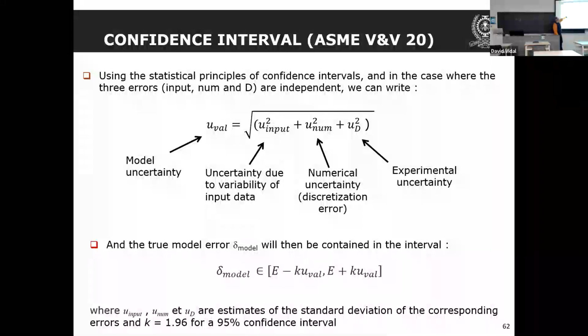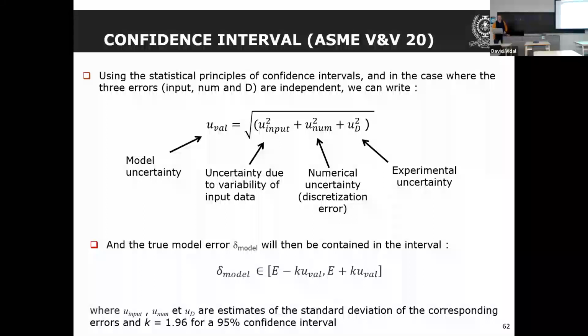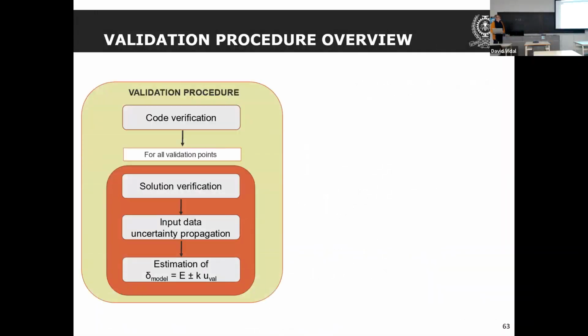So the model uncertainty is equal to the uncertainty due to the variability of the input data, numerical uncertainty, and experimental uncertainty. And the k here gives you the confidence interval level that you are interested in. So if you want a 95% confidence interval, you can take k equal to 1.96, and then you get a 95% confidence interval.